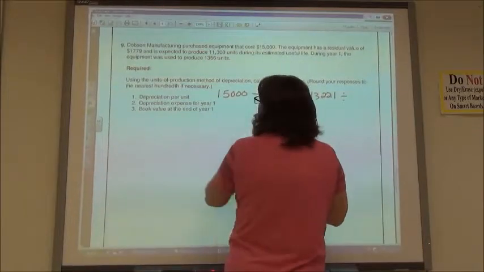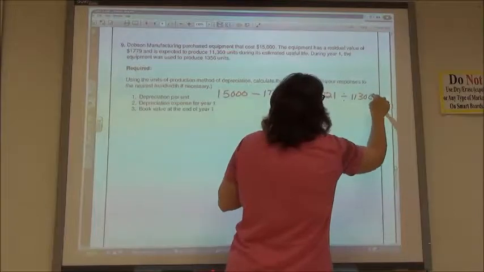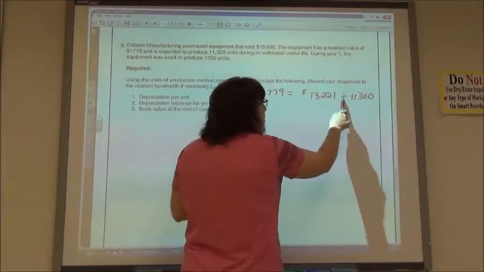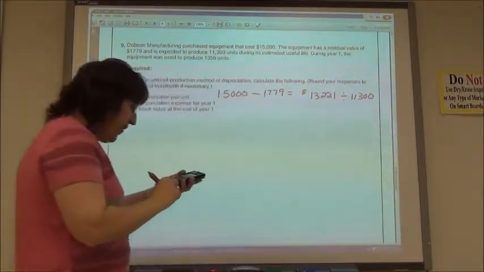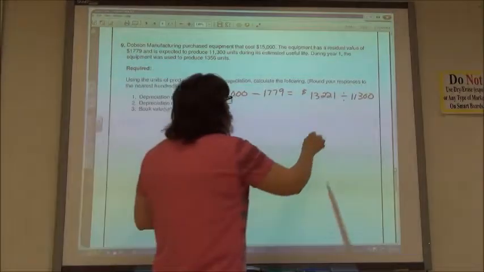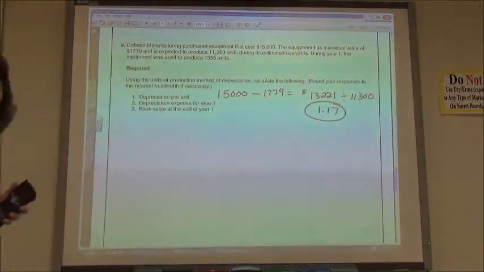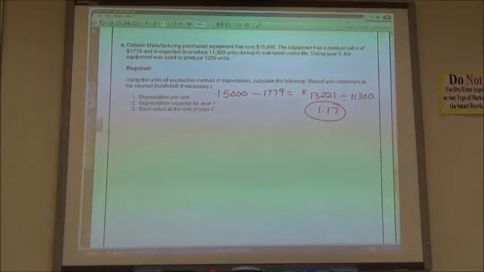We're going to divide that by the number of units, so 11,300 units to find the depreciation per unit. So divide that by 11,300. We get 1.17. That means $1.17 per unit produced is what that machine is going to depreciate by.